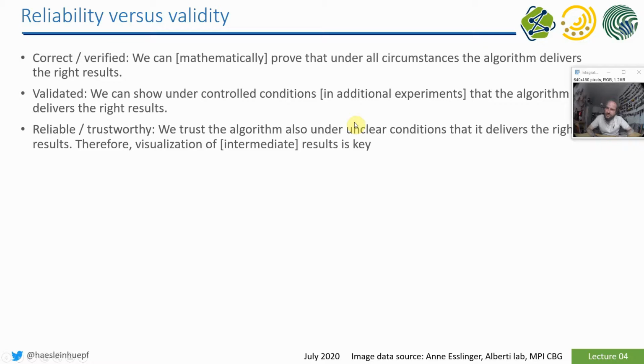So, and then there is this term of reliability. I also sometimes call it trustworthy, because if we take an algorithm which was maybe validated on a particular data set, and where a mathematician maybe proved initially that theoretically under certain conditions this algorithm does the right thing, we still do not know if it's reliable on our data, because our data may be different from what this thing was thought for, and we may also have fluctuations between different data sets no mathematician was ever thinking of when developing this algorithm.